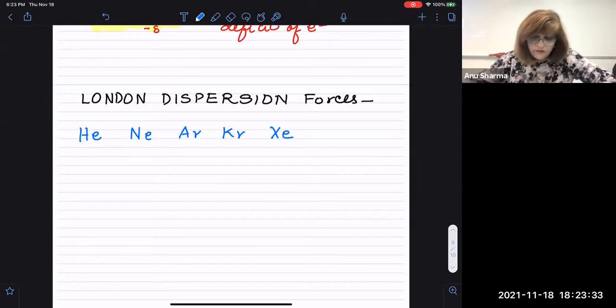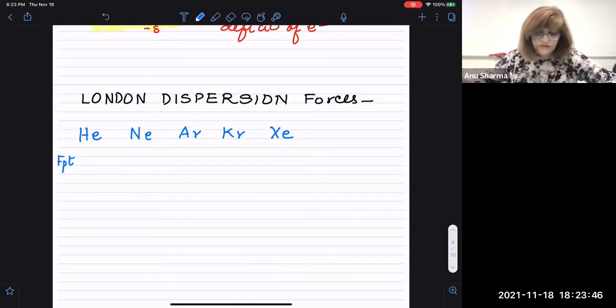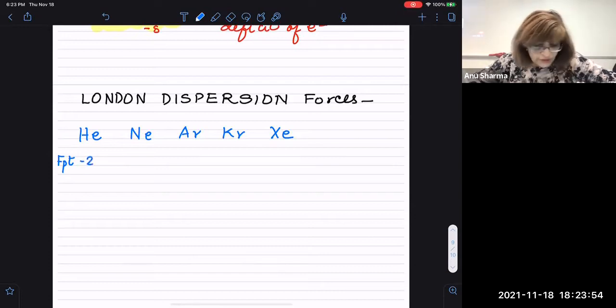Okay, now these are the freezing points. You take a gas, convert it into liquid, and then freeze it to a solid. Helium is very low, negative 269 degrees Celsius.